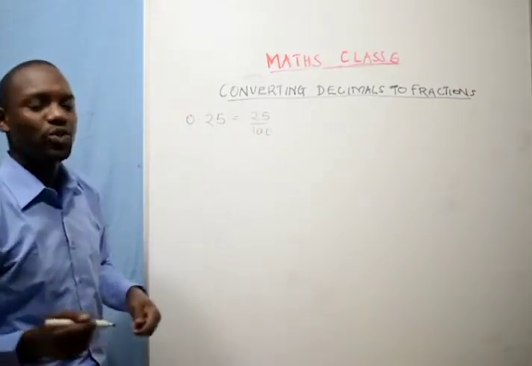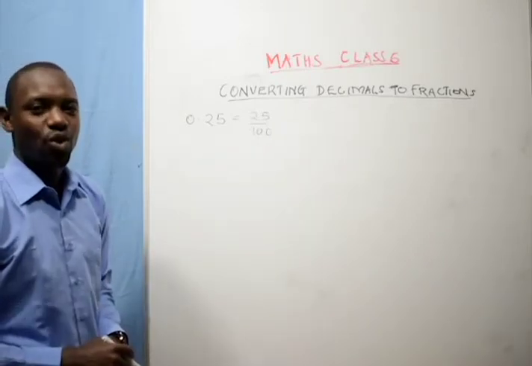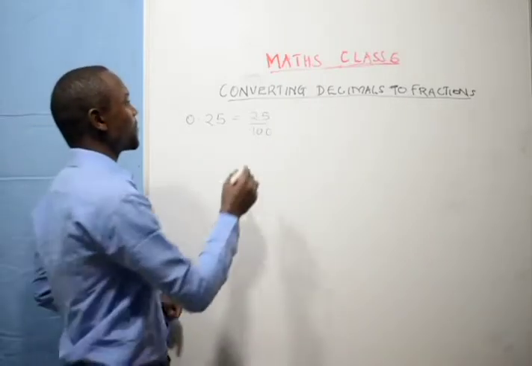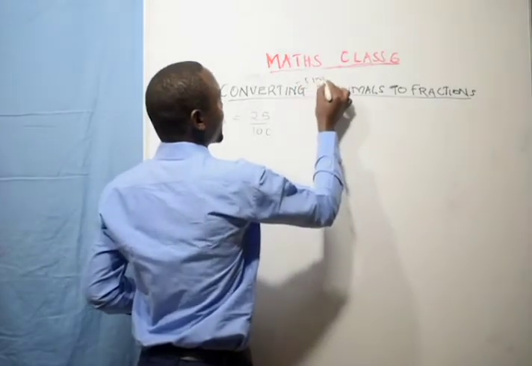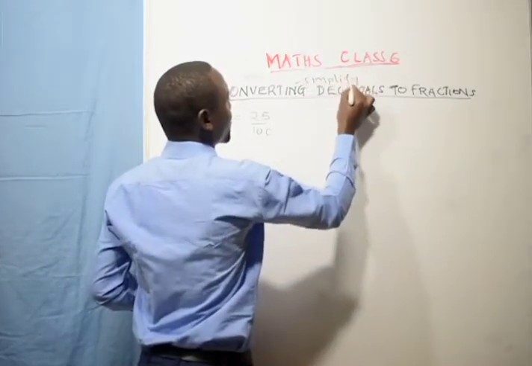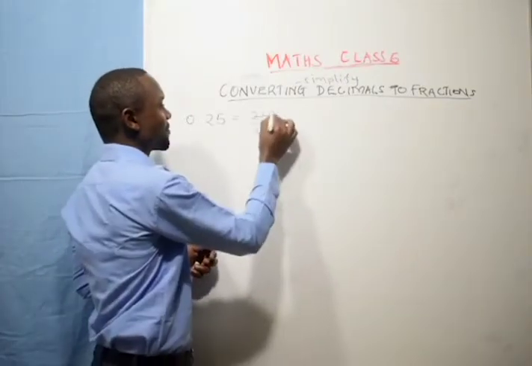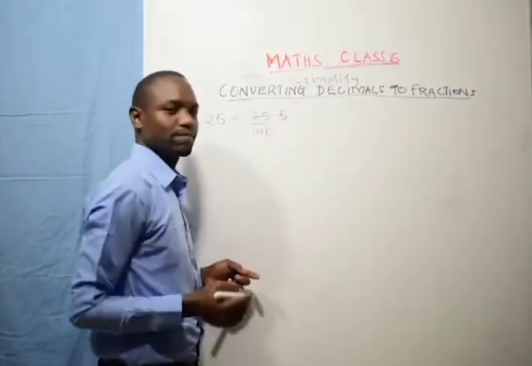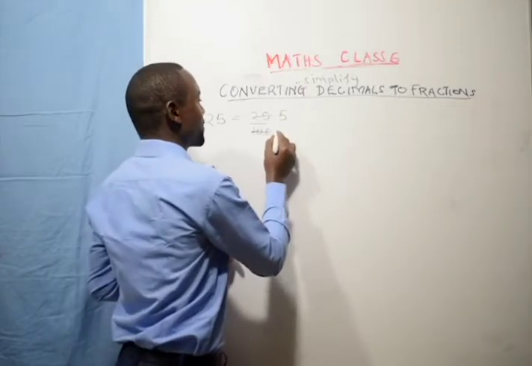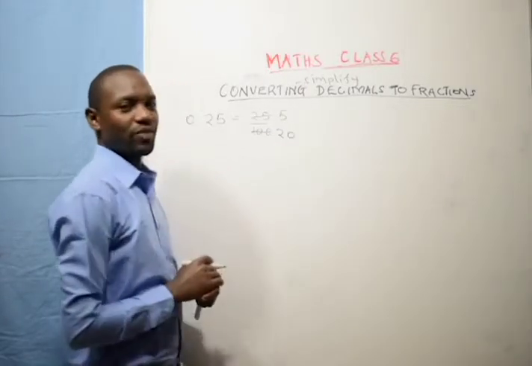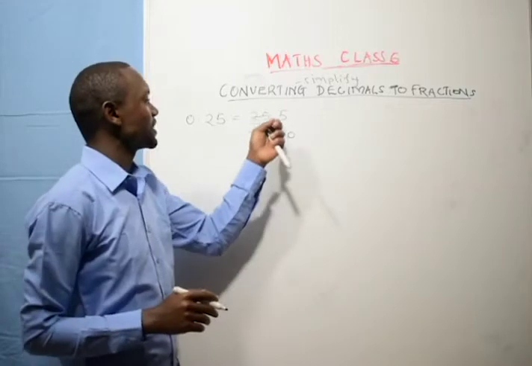Then from there, what do we do? Do we leave it like that? No. We simplify the fractions. So we simplify by 5. 25 divided by 5 is 5, and 100 divided by 5 is 20. Have we reached the simplest possible?